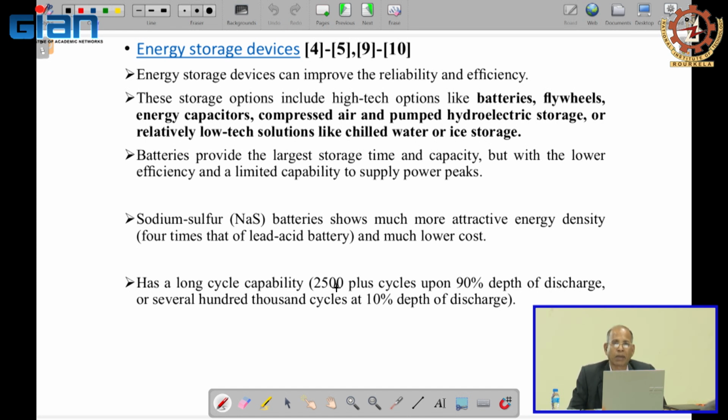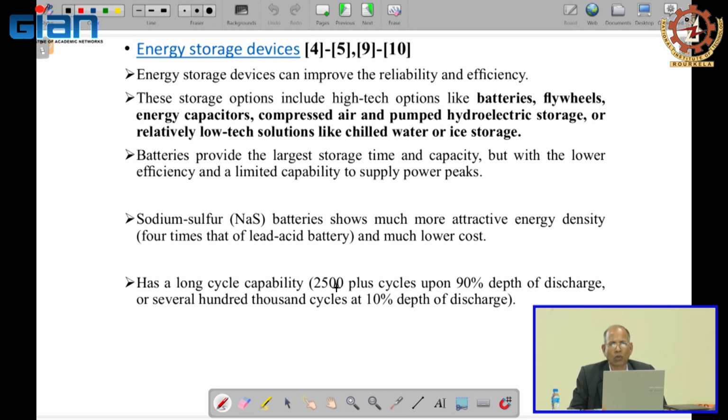Then in the batteries, what particular type of battery you select for a particular application will depend upon several technical and economical considerations. Technical means the charging and discharging rate, how much the weight of the batteries will be, how much the cost of the batteries is.